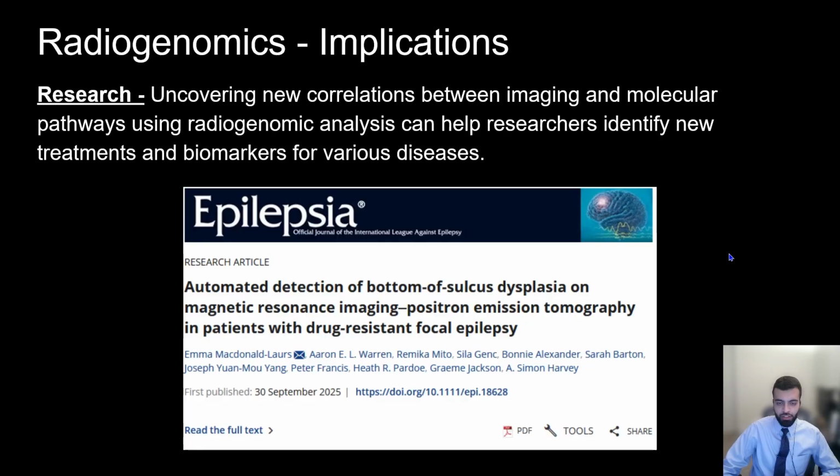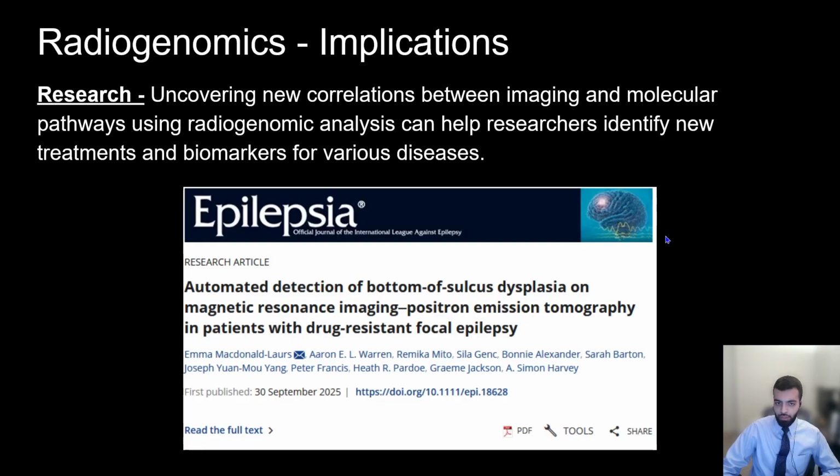we'll be able to detect more imaging findings that correlate with histological or pathological patterns for other diseases other than just cancer. And so I was able to find this one very interesting study in Australia done on epilepsy, in which they were able to use radiomics and radiogenomics to identify a dysplasia in the temporal lobe of about 11 to 12 children.